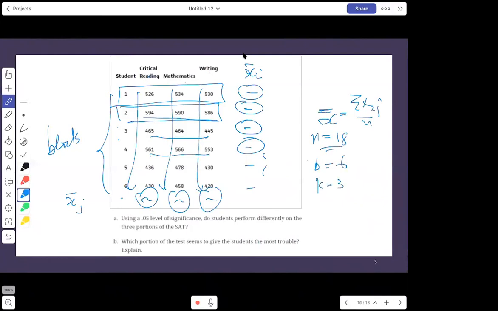So you'll have 3 minus 1 and 6 minus 1 degrees of freedom, and then k minus 1 times b minus 1, which is 2 times 5, 10. We will need that information. And then you just repeat what was done earlier.